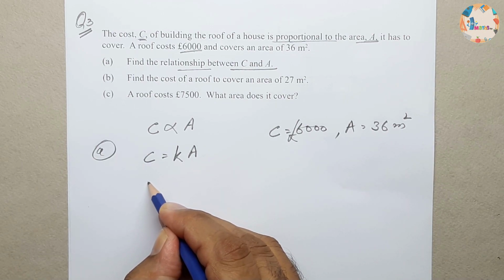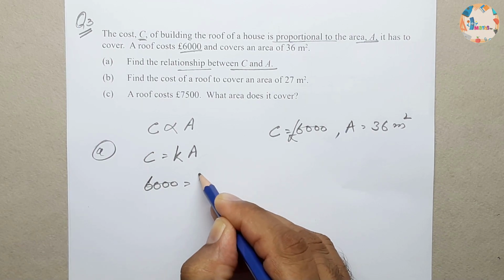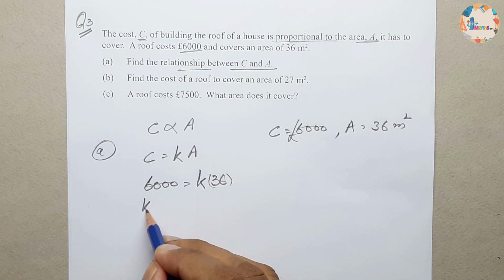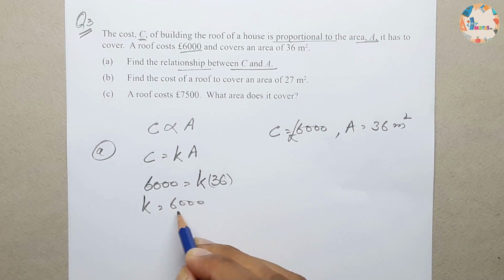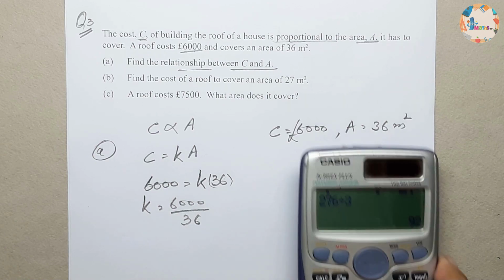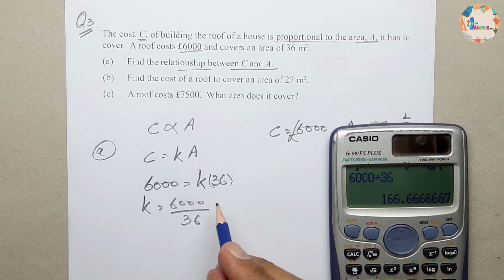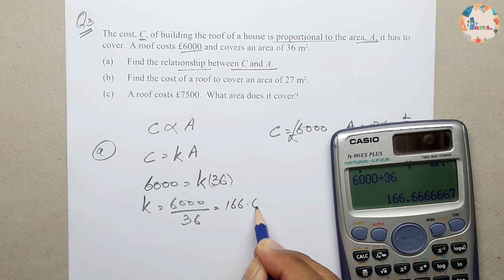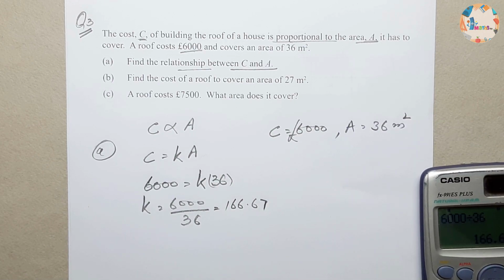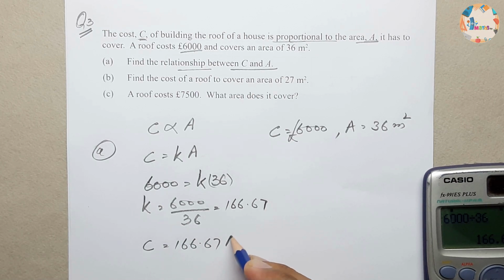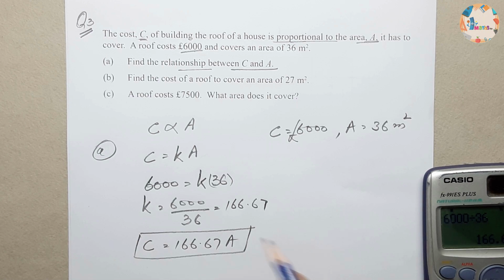So 6,000 is equal to K into 36, and we can find K is equal to 6,000 over 36, and using a calculator, 6,000 divided by 36 will give us 166.66, 166.67 we can write, and we can use this to find the relation. So C will be equal to 166.67 into A. So this will be our answer to A part.